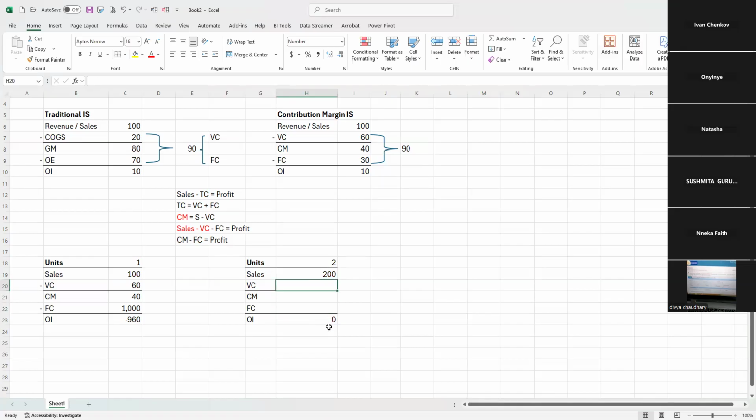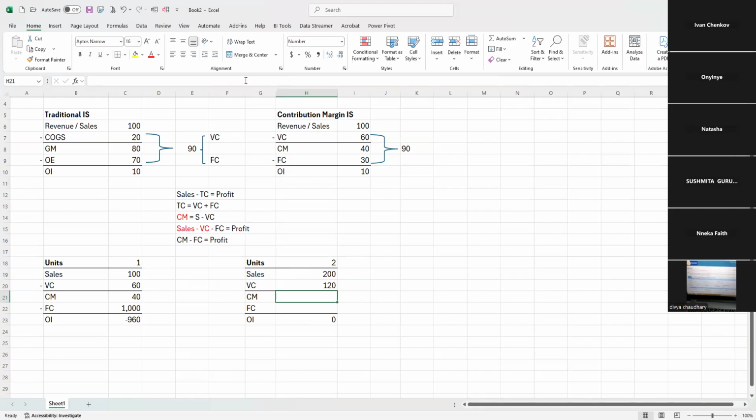What's going to happen with my variable cost now? It's going to change. How is it going to change? It should also double. So now the question is, if my sales have doubled and my variable costs have doubled, logically, what's going to happen with the contribution margin?